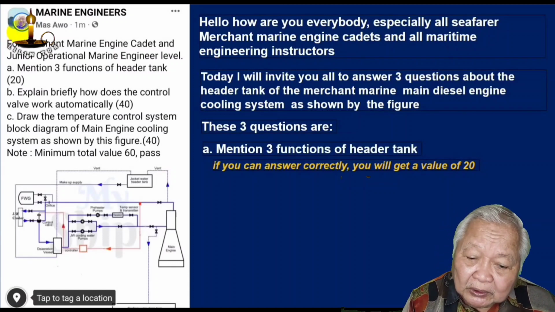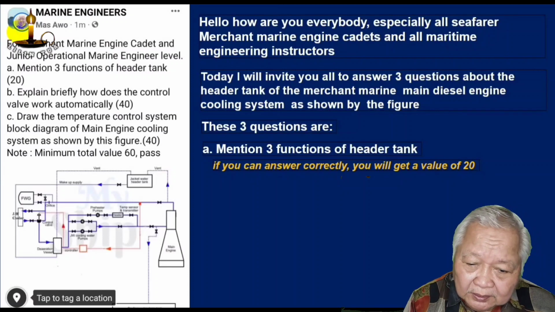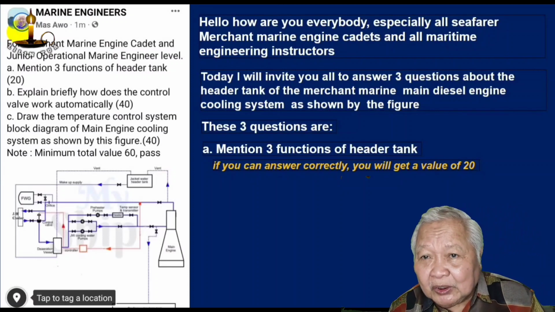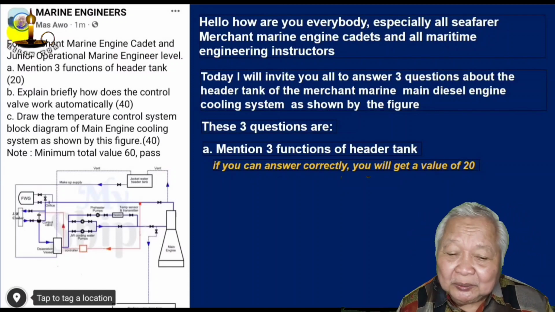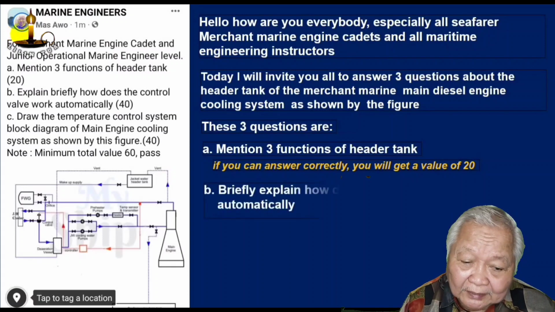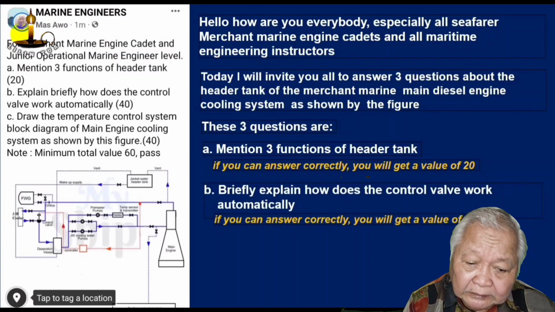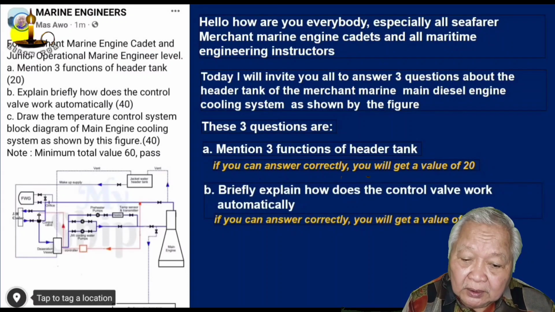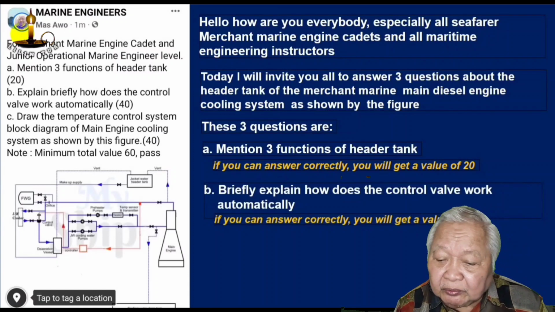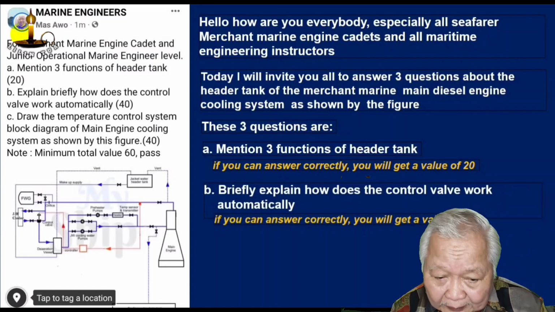If you can answer correctly, you will get a value of 20. And then the second question, Bravo, or B: briefly explain how does the control valve work automatically.